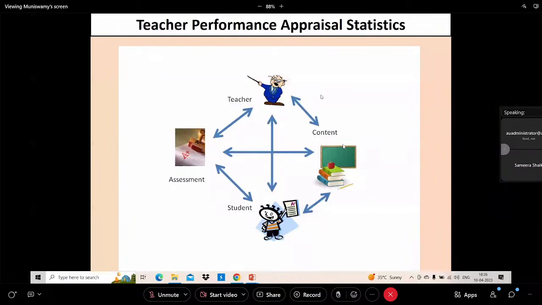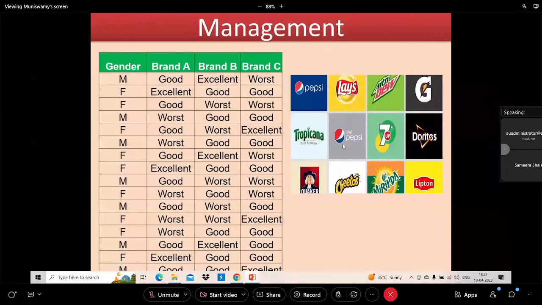The teacher performance depends on the type of the content, the way of explanation, and the assessment. But how do we analyze the data? Just now, my intention is to show some case studies. These are all some case studies.